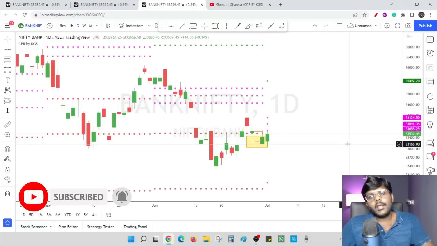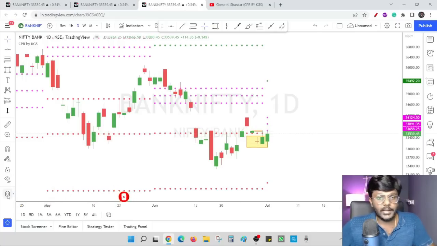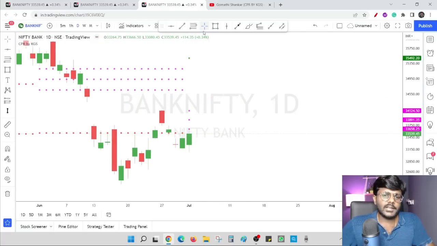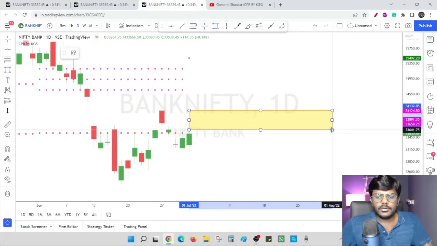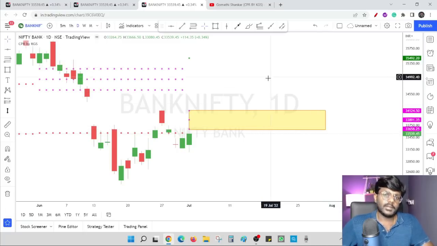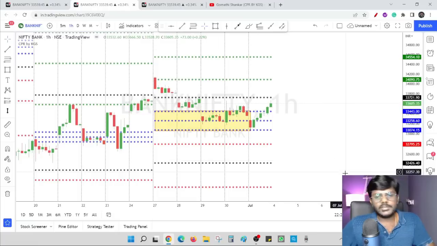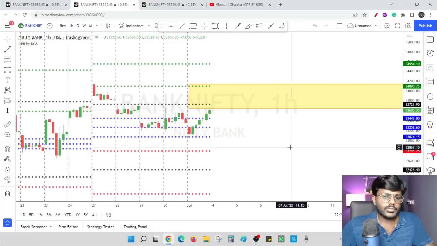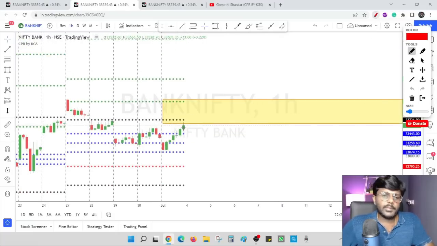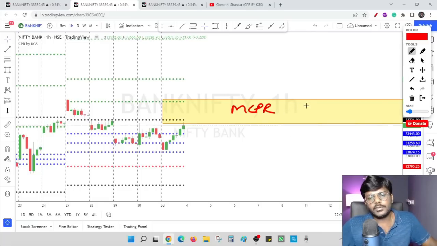Now, what can we expect for the upcoming month, July? Now, in the month of July, already the first candle is below monthly CPR. So this is going to be July. The prices are already below monthly CPR. So as I said in my review just now, if the prices are below monthly CPR, I will focus on short opportunities.